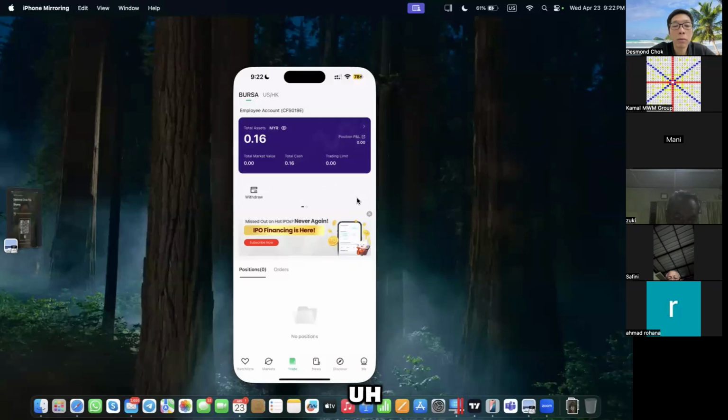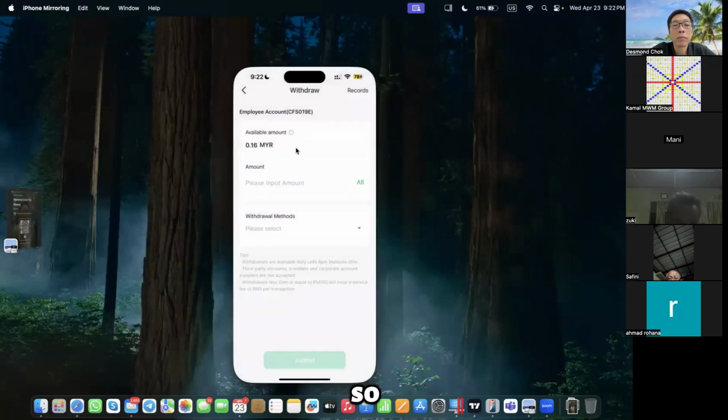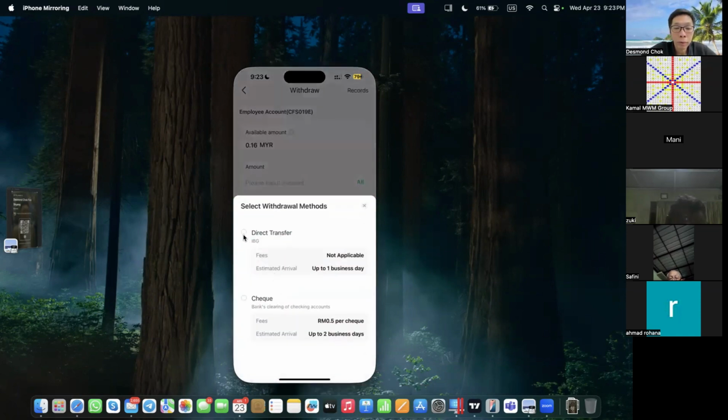Statement, then what else? This one is withdraw. Whenever you want to withdraw, you can check here, it shows how much you can withdraw, the available amount for withdrawal. So you have to always follow here. Then click withdraw, and how much you want to withdraw. Withdraw method, direct transfer.